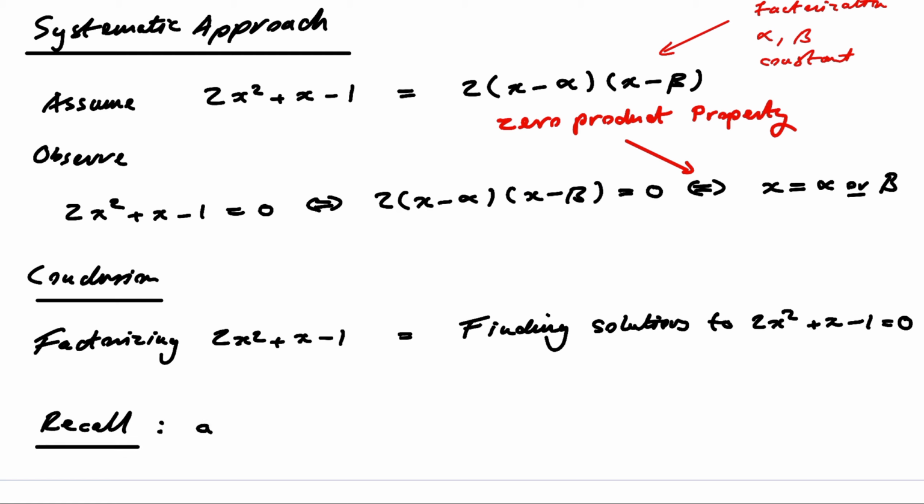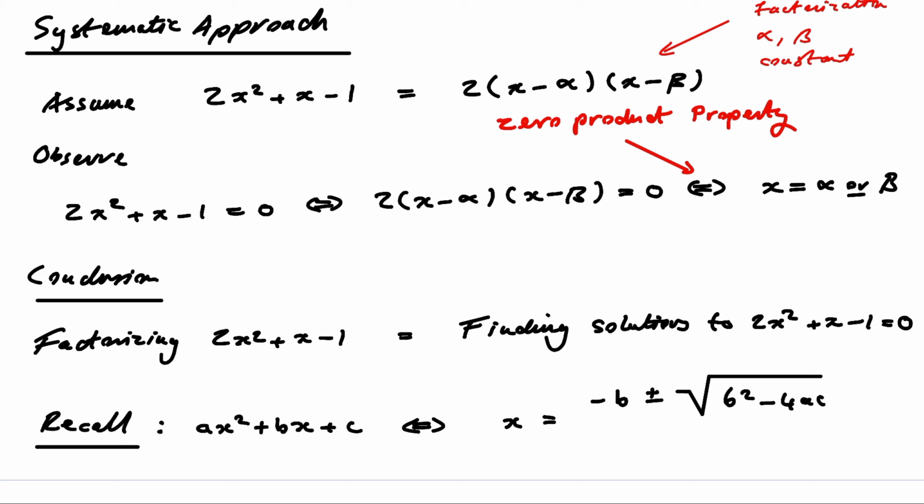If I have a quadratic equation, ax squared plus bx plus c, where a, b, and c are constants, this is if and only if x is of the following rather unpleasant form: minus b plus minus the square root, all inside the square root, divided by 2a.